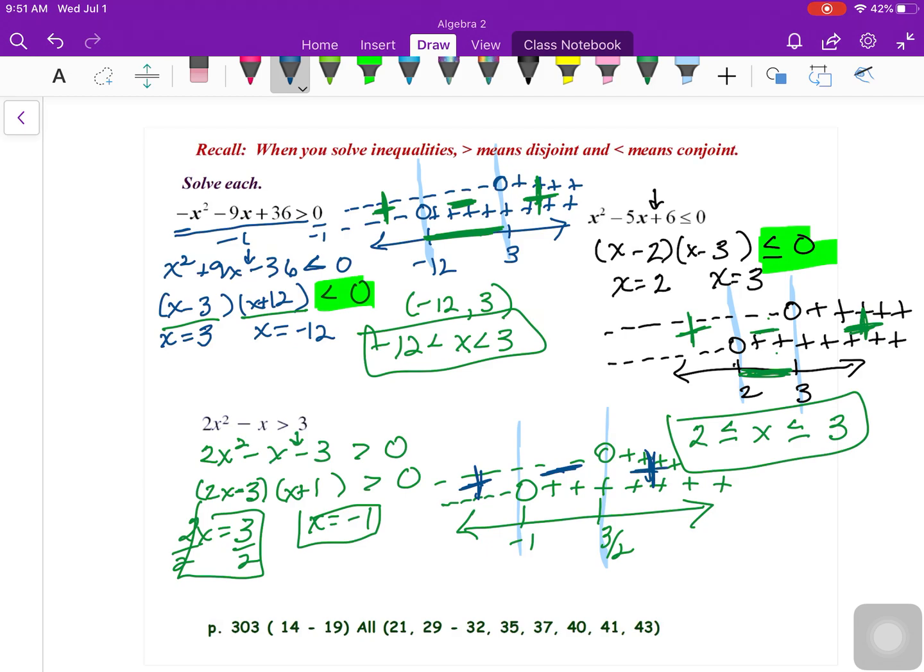Negative times negative is a positive. Negative times positive is a negative. Positive times positive is a positive. And this time it states greater than 0. Greater than 0 are positives. So my positives landed out here and out here.